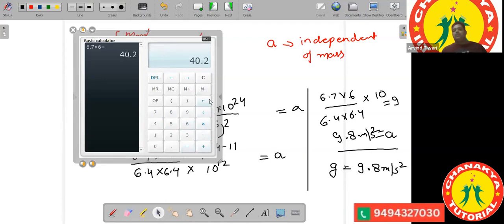So this is your 40.2, and it has to be divided by 6.4. It was 40.2 divided by 6.4, right? You get your answer as 6.28. Again, you divide it by 6.4.